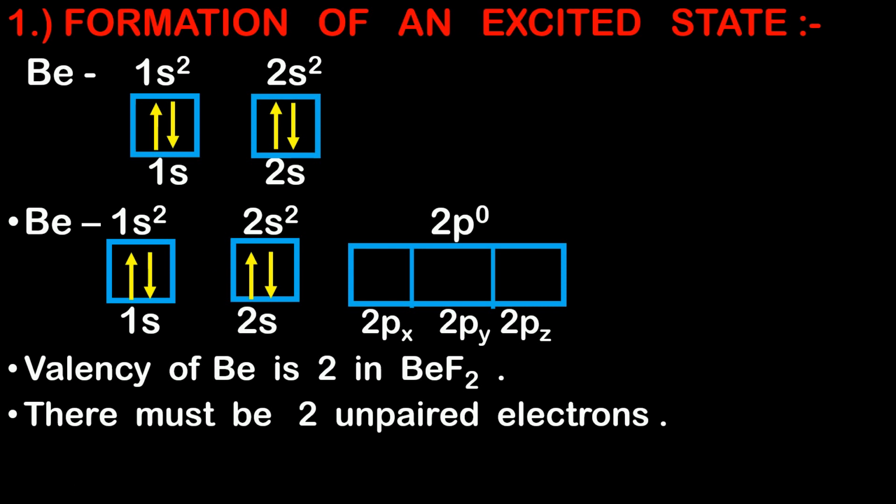Now guys, can I say that if we require 2 unpaired electrons, it means that we require 2 orbitals in which there is only 1 electron each? Am I right? Therefore, let me consider this on the next slide.